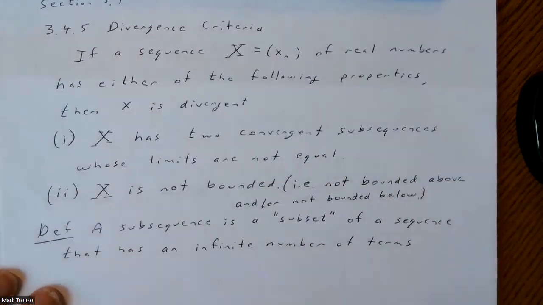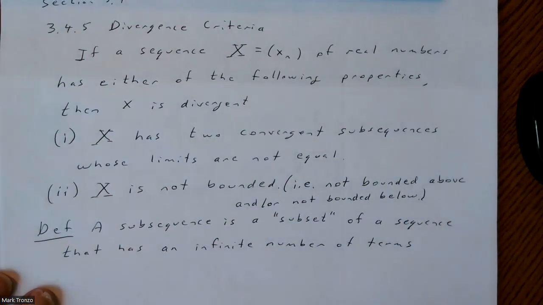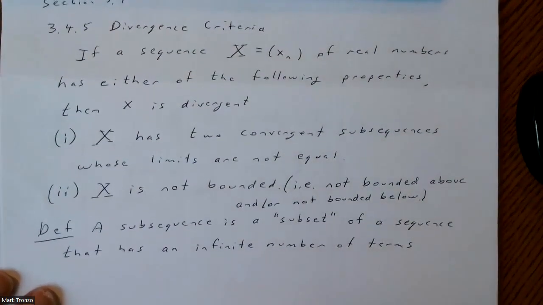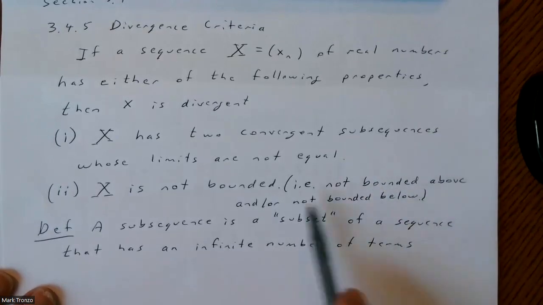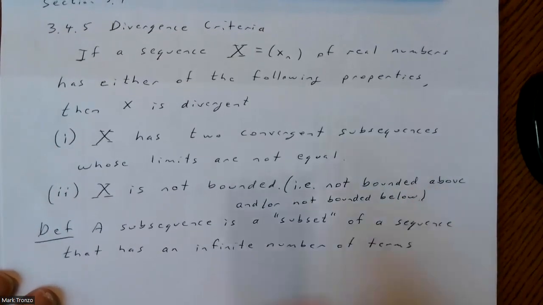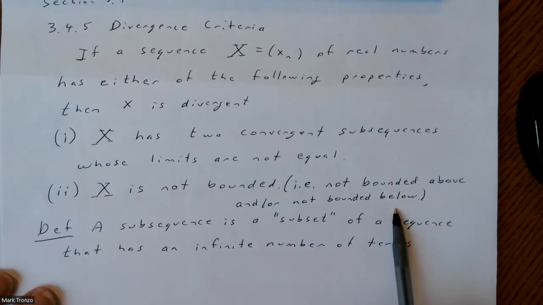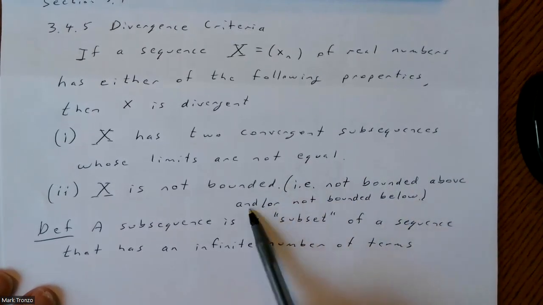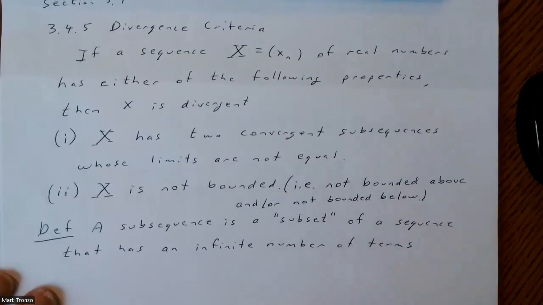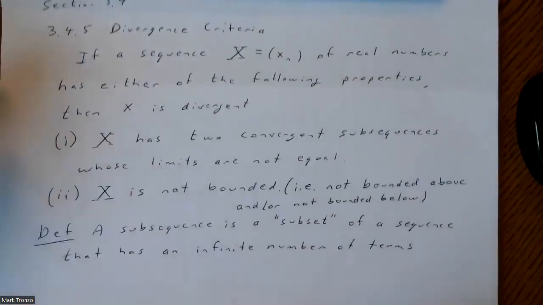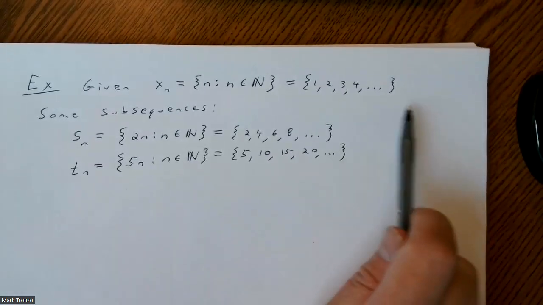When I say above, I'm talking about the value of the terms. So it could be not bounded above, then it's not bounded. It could be not bounded below, that's not bounded. And there are even times it could be not bounded either way. Any of those cases. That's a good clarification. So for example, of course, this one is not bounded.